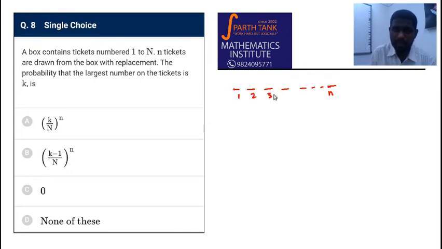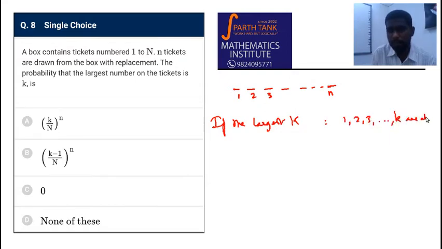How can we do that? First, let us find the number of ways in which you can have, see, because when tickets are numbered from 1 to n, if the largest is k, then 1, 2, 3 up to k are allowed. Right? So the first can have any k number of ways.